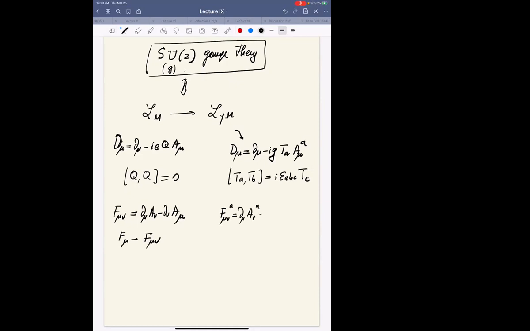Who remembers their form? You studied this, you told me. Is it like Maxwell? And there will be a term from the commutator. Right, there must be this epsilon^{abc}. This is the crucial thing that makes all the difference in the world.